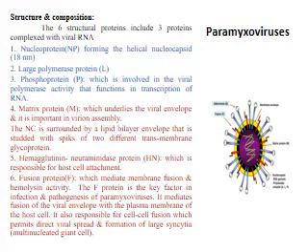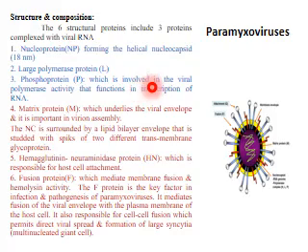Structure and composition. The 6 structural proteins include 3 proteins complexed with the RNA. These are nucleoprotein, forming the helical nucleocapsid about 18 nanometers in diameter, large polymerase protein, and phosphoprotein, which is involved in the viral polymerase activity that functions in transcription of messenger RNA.